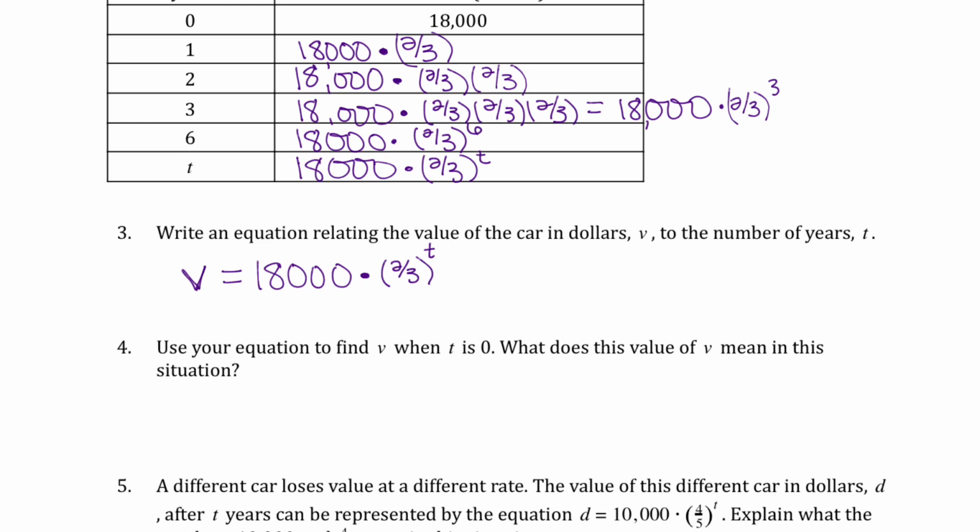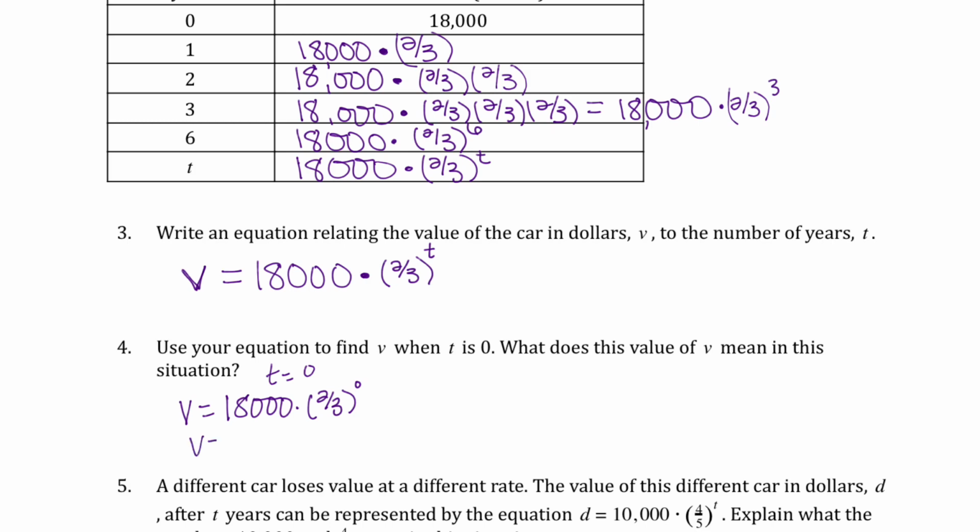Use your equation to find V when t is 0. So if t equals 0, we will have V equals 18,000 times 2/3 to the 0 power. What is 2/3 to the 0 power? 1.